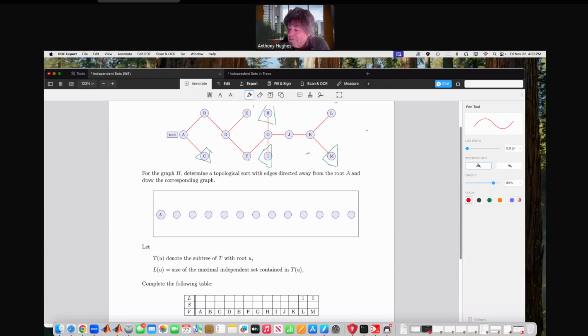Color it again. Now let's get rid of this tree. And we'll color that one.